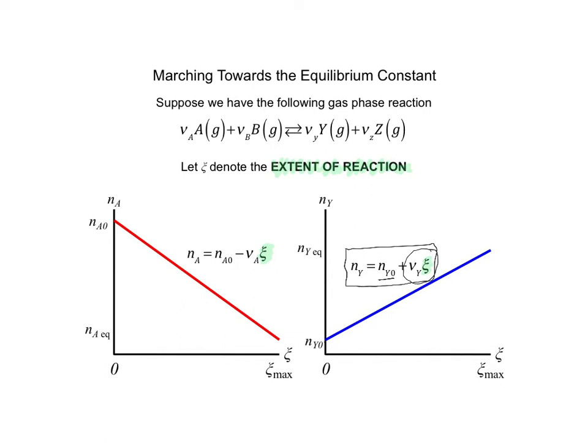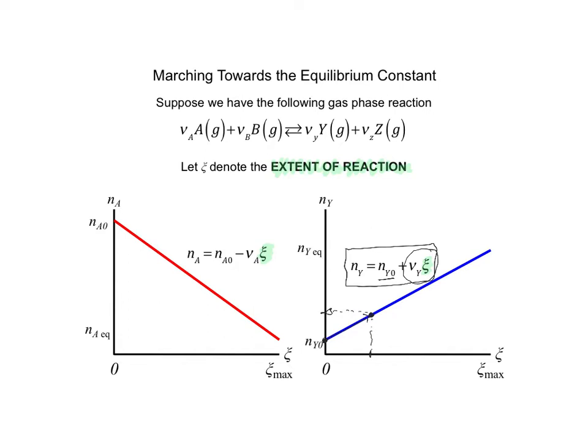So if we start at y0 here, as time goes on, we are going to add moles. And so if we say that the reaction has proceeded to this arbitrary point, we can get the new number of moles of our system at that point.